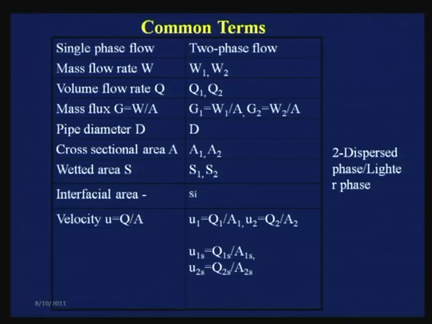For example, when it was single phase flow, what was the single most important parameter? It was the flow rate, mass flow rate or the volume flow rate. Along with mass or volume flow rate, we need to know the volumetric composition of the two phases which are flowing in the pipe. Just knowing their volume flow rates is not sufficient, because the moment we introduce them in the pipe, they do not flow in the volumetric flow rates in which they have been introduced.